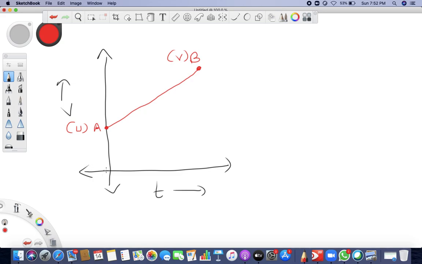Now here, as the object is at A, the time is 0, and when the object reaches B, the time is t. If an object has to reach from A to B, how much time does it take? From 0 to t.